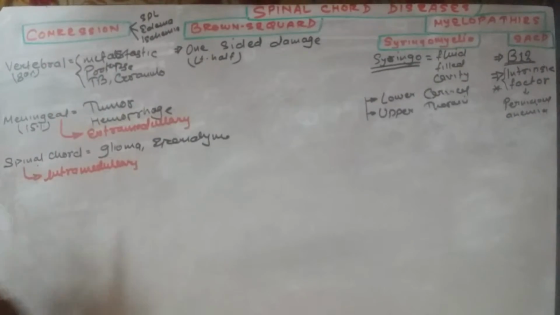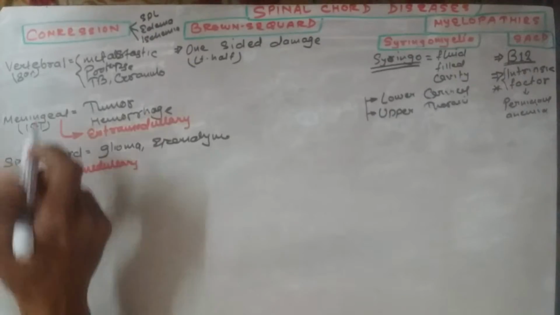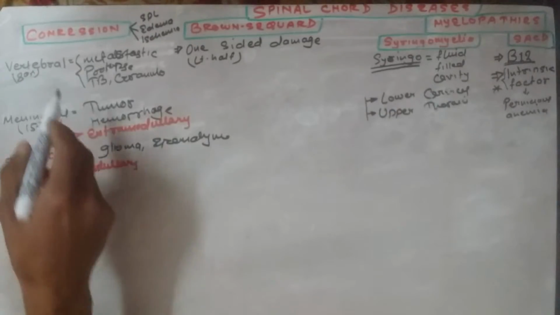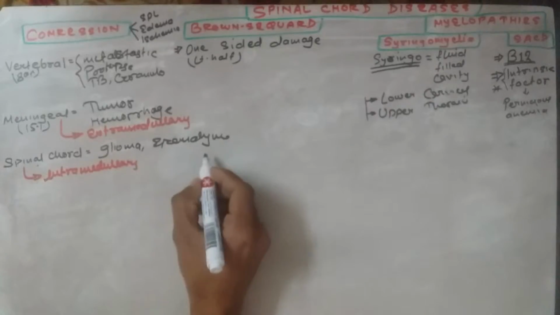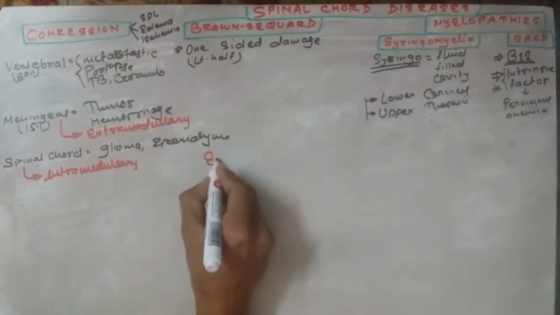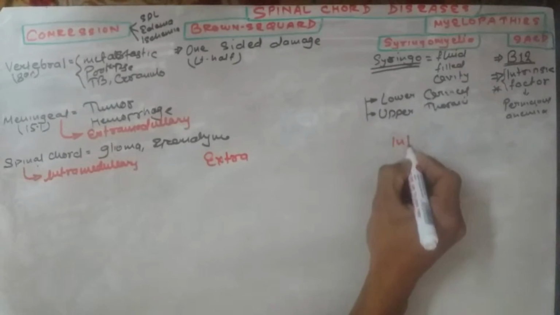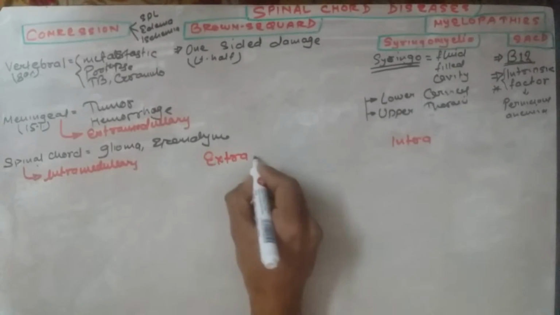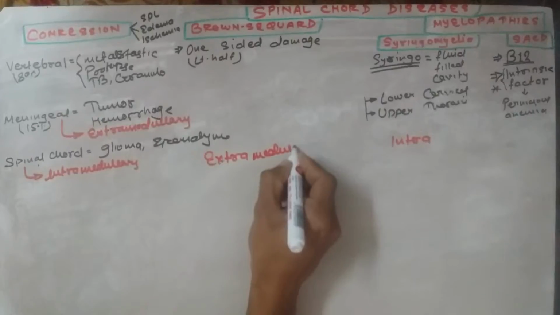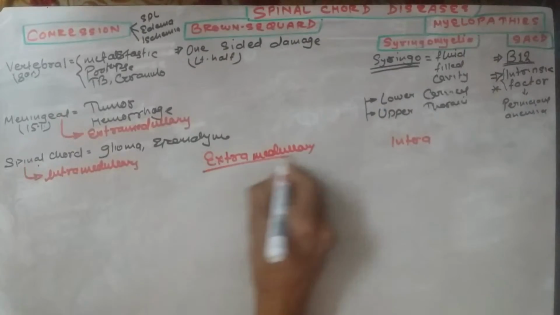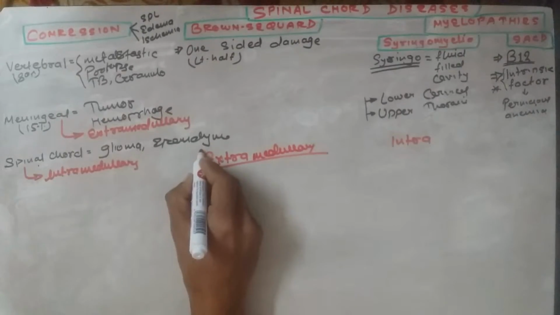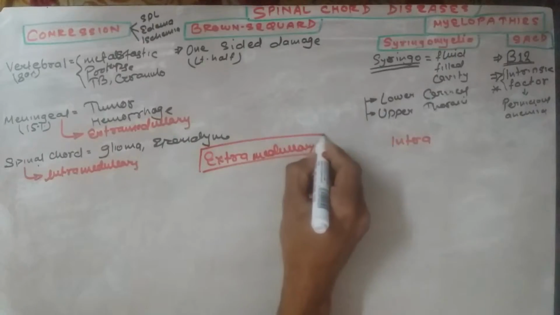Now, immediately after looking for these causes behind the compression, we will differentiate between the extramedullary and intramedullary type of syndrome. To remember this, we will see the positive findings in the extramedullary type.